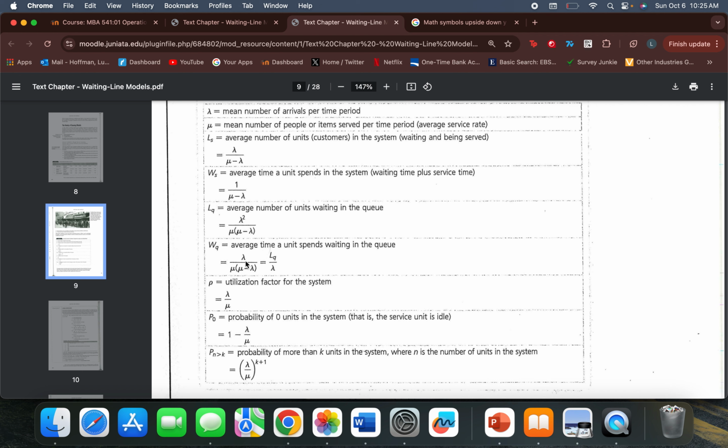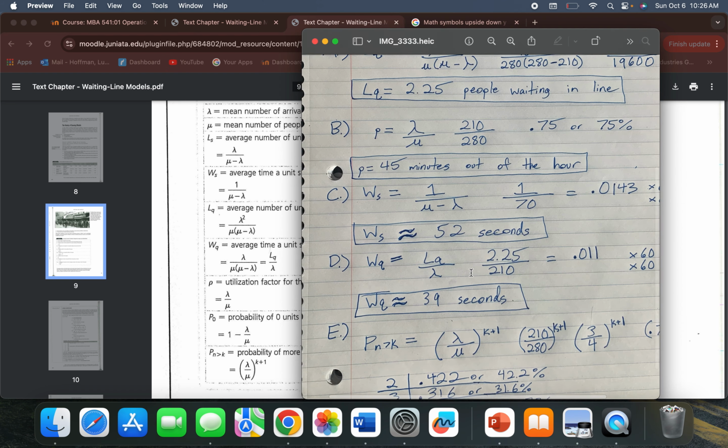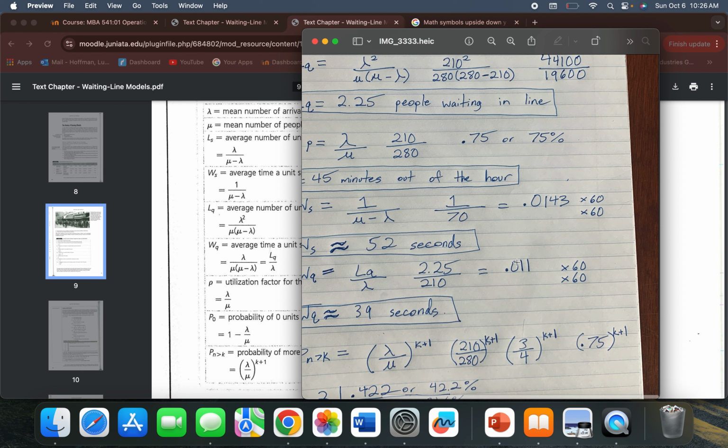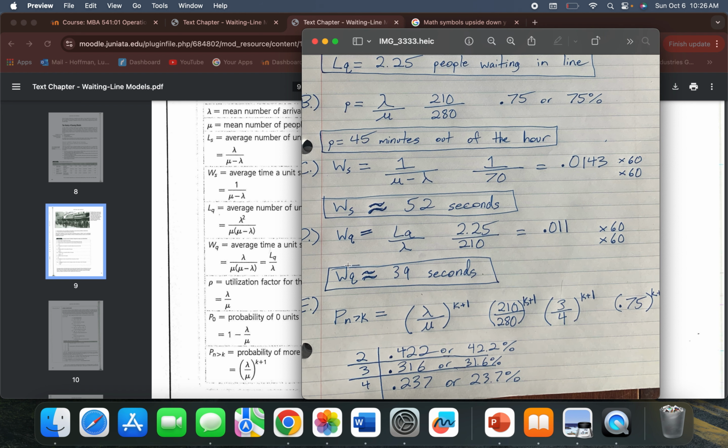Since we already figured out the average number of units waiting in the queue, we can use that: 2.25 over 210 comes out to 0.011. Then times 60 times 60, and we get 39 seconds. That seems about right, since we know it's less than the total.